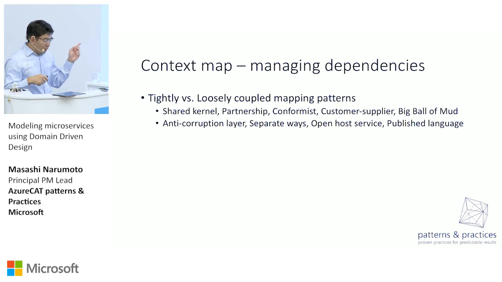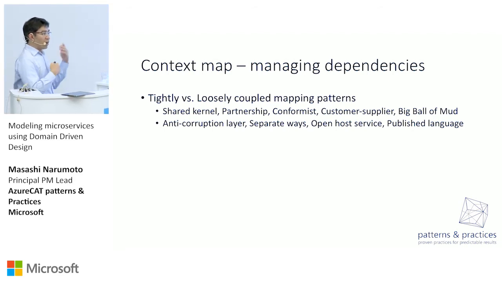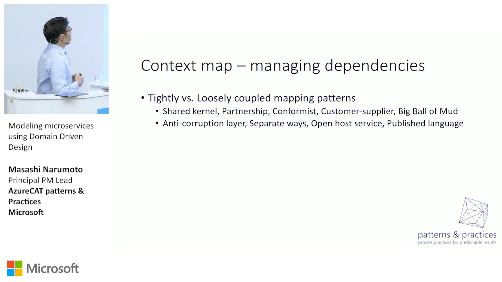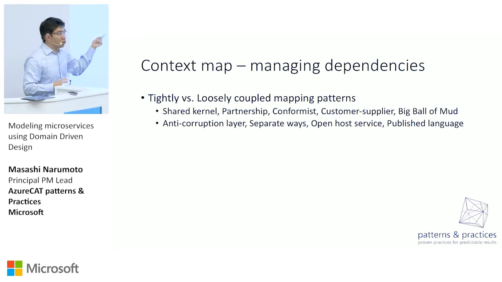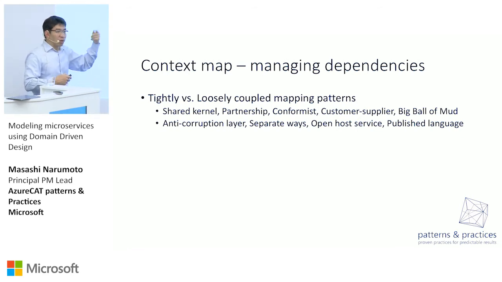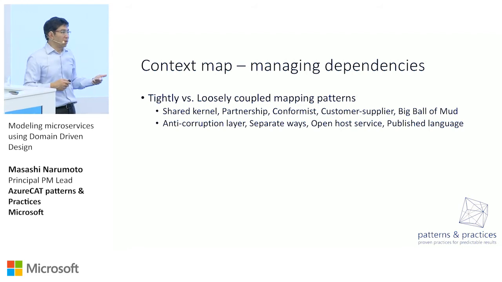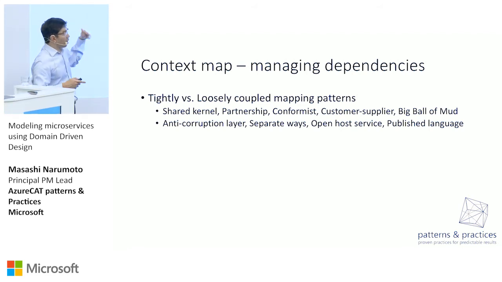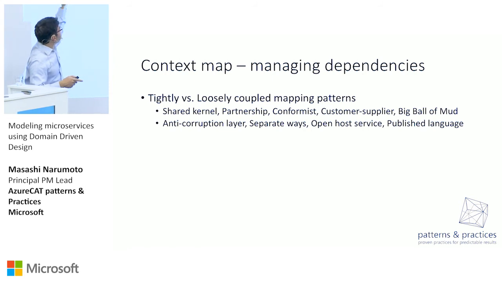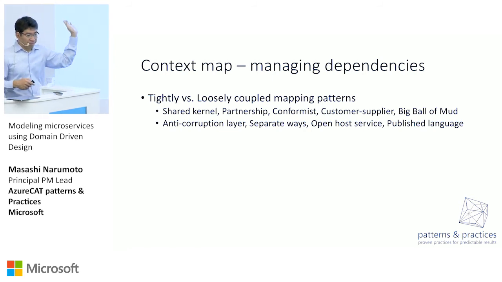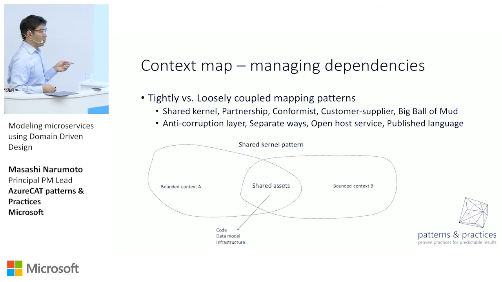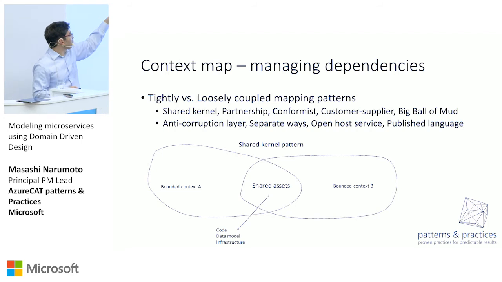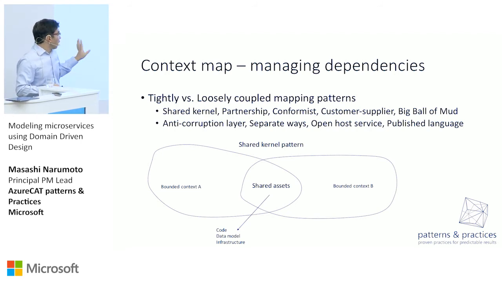And when you define the context map, the relationship between bounded contexts, there are two types of patterns. One is tightly coupled, another is loosely coupled. And of course, the loosely coupled pattern is better because it gives you less dependency on the other. So you should design the bounded contexts in a loosely coupled manner as much as you can. Well, the example here is tightly coupled. One of the tightly coupled patterns, shared kernel, is like this.